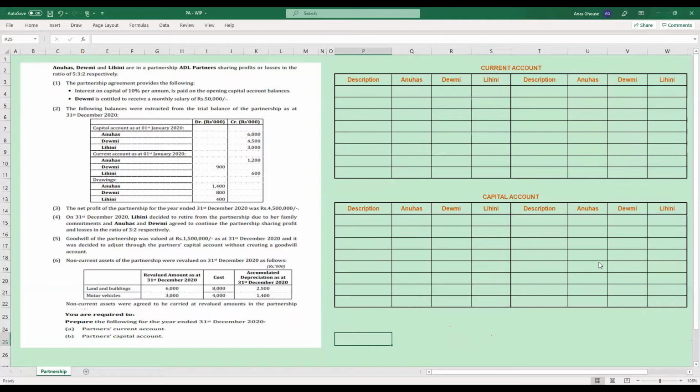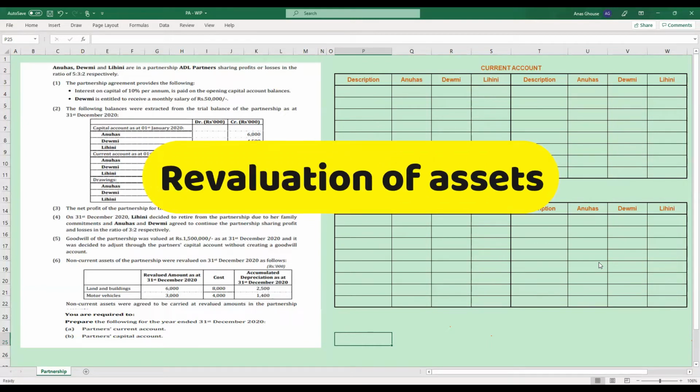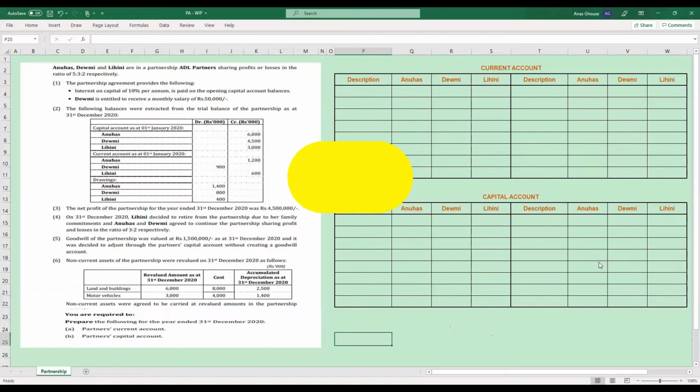And the third one is the revaluation of assets. This is also required at the time of retiring or admission of a partner. Assets will have to be revalued on that particular date, and the capital account has to be adjusted accordingly.